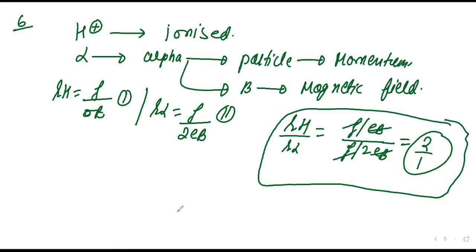Let's see the next part, question number 7. At a point A on the Earth's surface, the angle of dip is plus 25 degrees.